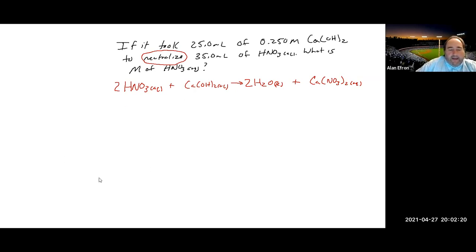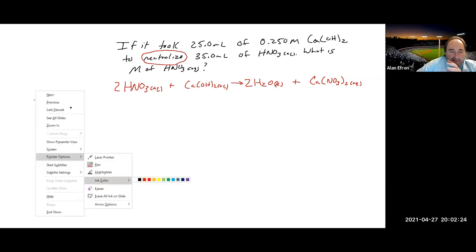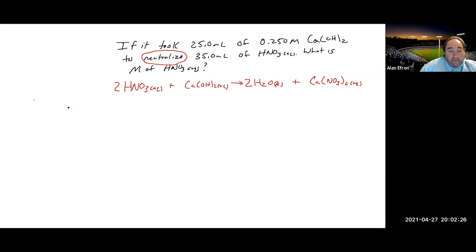Okay, so in this case, if you're not sure if it's a basic stoichiometry problem or a limiting reagent problem, you could just line up the information. We have the volume given to us, which is 35 milliliters for nitric acid, and we're looking for the molarity.